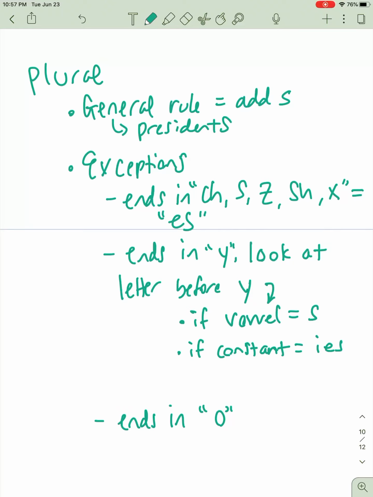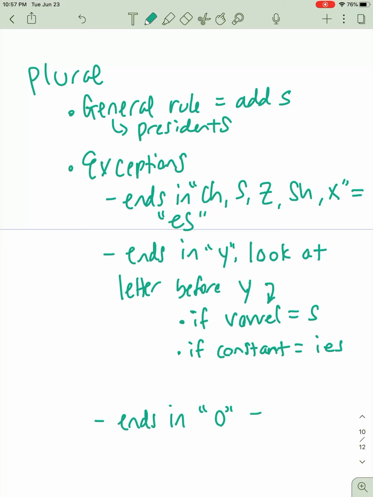And then last but not least, our favorite, the O. If the word ends in an O, it's kind of just like you're not sure. You got to memorize these because there's no specific rule. There are many words in our language, like photo, for example, that take an S. However, there are many other words in our language, like potato, that take an ES.